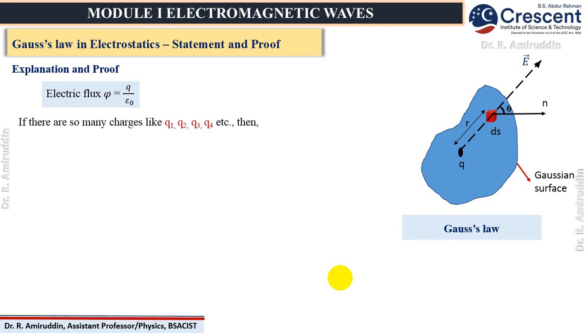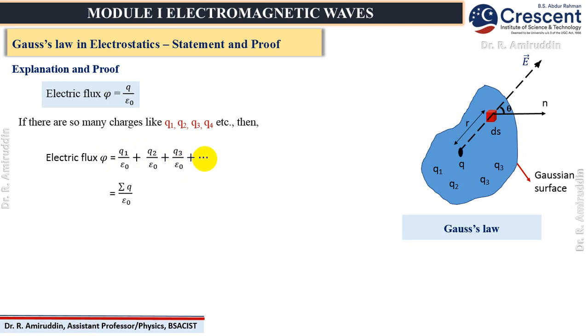Now let us consider the case where the Gaussian surface has n number of charge carriers. Let us say we have q1, q2, q3, q4, etc. In such a case the electric flux phi is equal to the sum of all the charges with respect to epsilon naught. So we have the electric flux phi is equal to q1 by epsilon naught plus q2 by epsilon naught plus q3 by epsilon naught and so on.